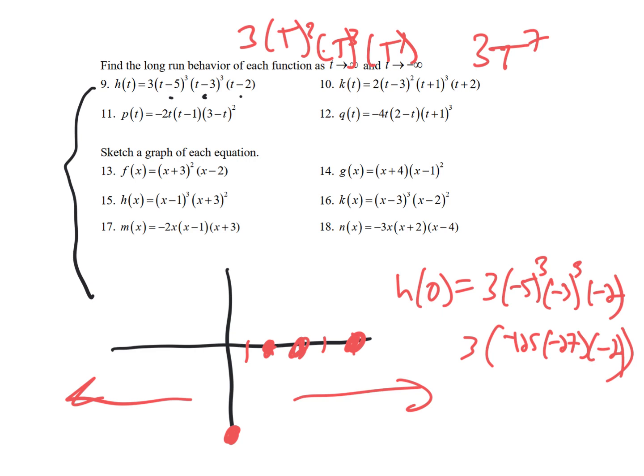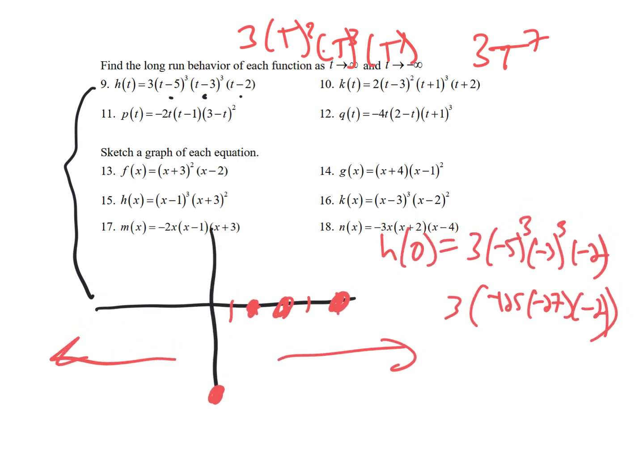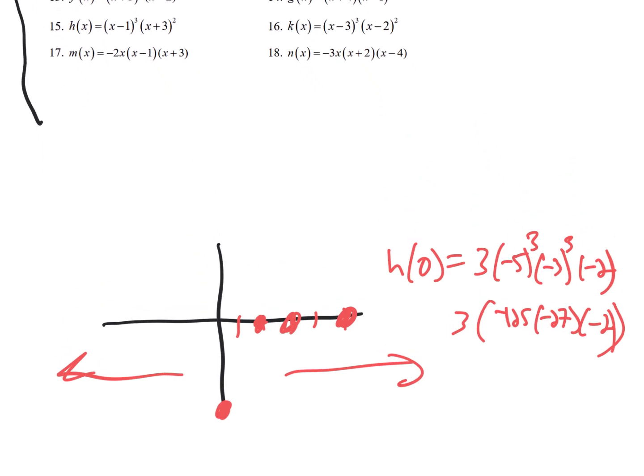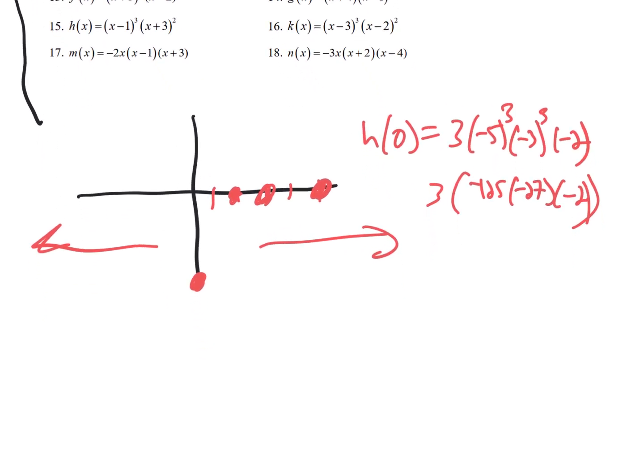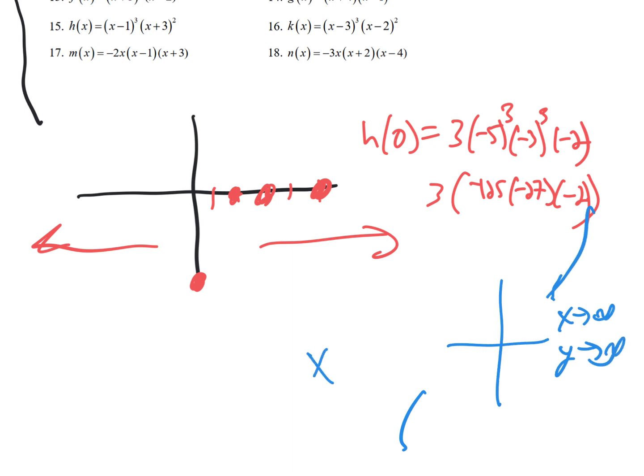If it's an odd degree equation, it's going to look like this out at infinity and down like this at negative infinity. As x goes out to positive infinity, y goes out to positive infinity. As x goes out to negative infinity, y goes out to negative infinity. So that's the ending behavior.